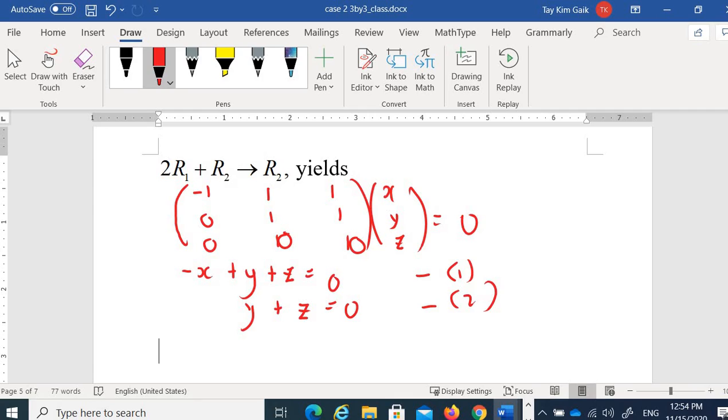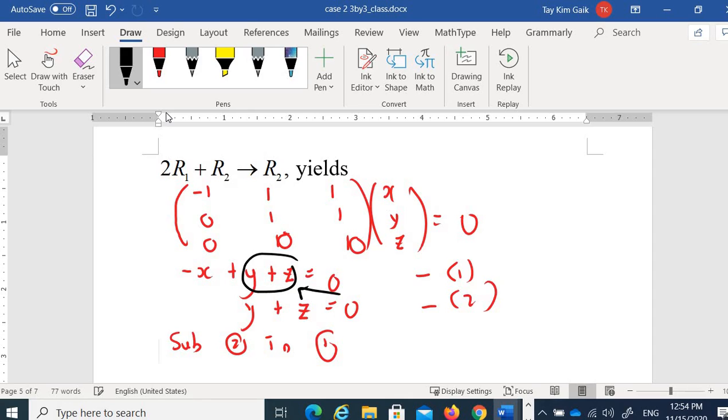Okay, you put y plus z equal to 0, and you substitute 2 in 1. Put it here, meaning negative (y plus z) is 0 here.